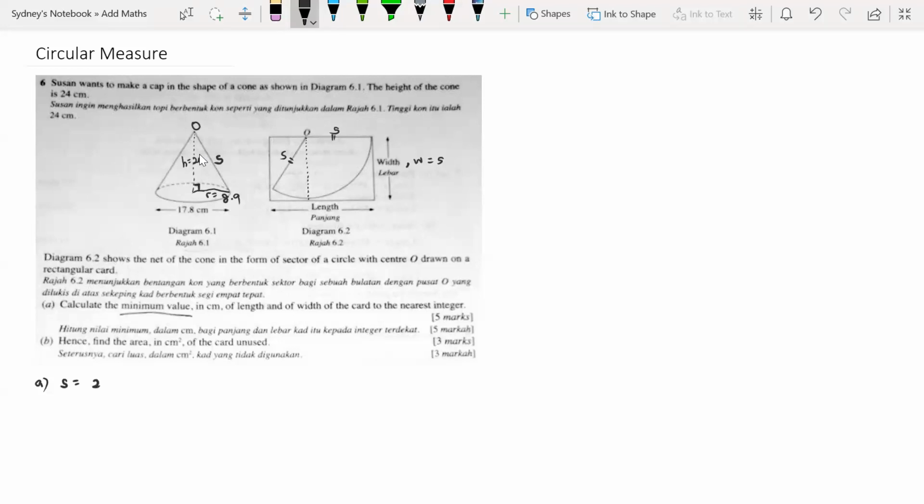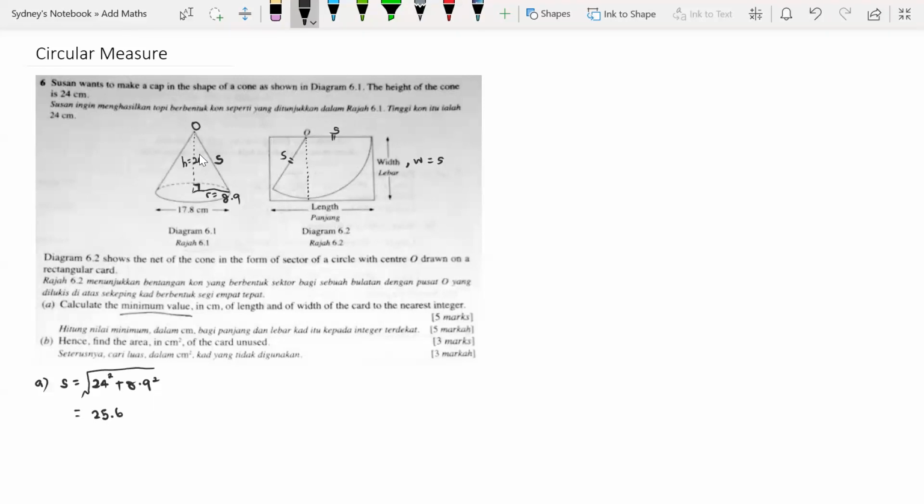That will be 24 squared plus 8.9 squared, and got to square root the sum of it. Using calculator, we will get 25.6, after we round off to 2 or 3 decimal places.